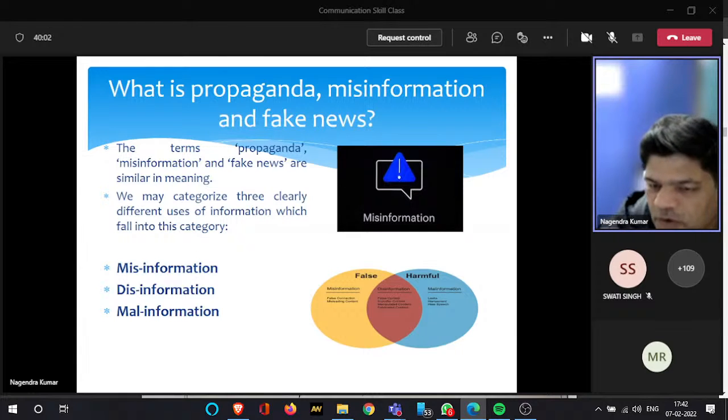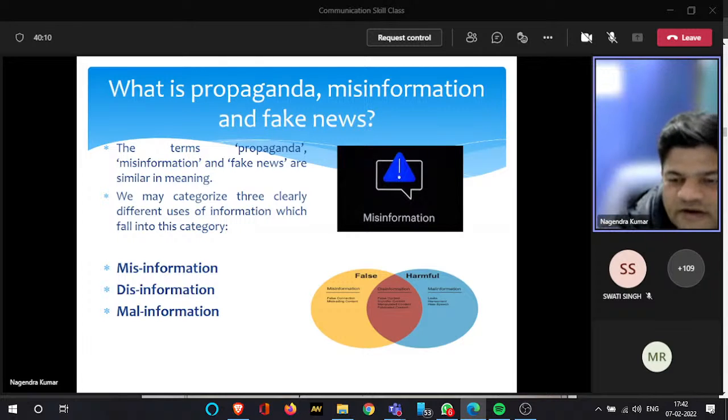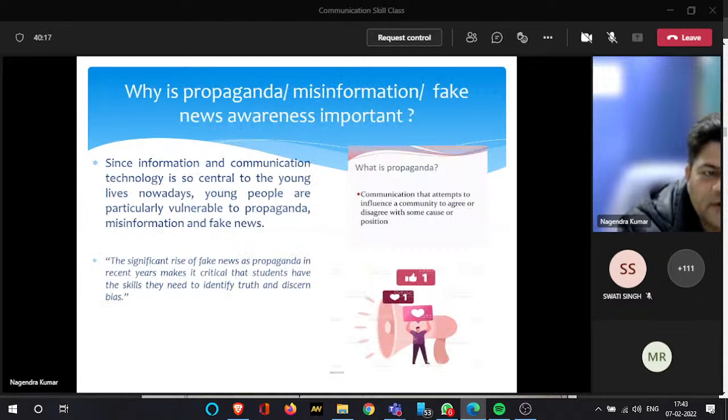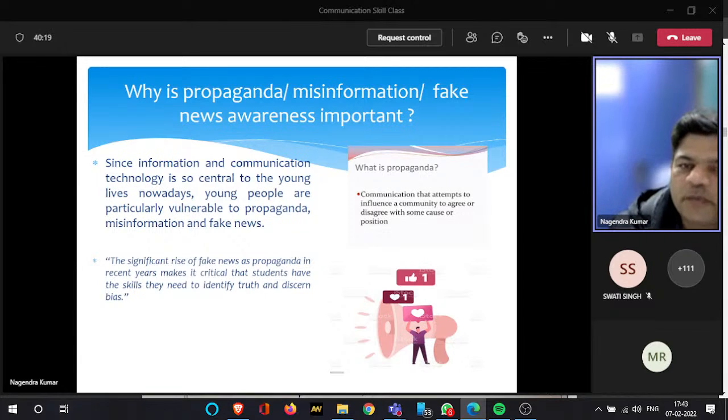And malinformation, leaks, information leaks or harassment or hate speech, these are treated as malinformation. So these three are very, very important. Why is propaganda or misinformation or fake news awareness important?